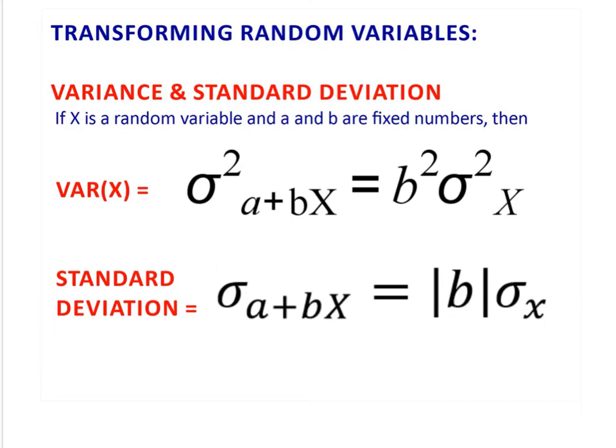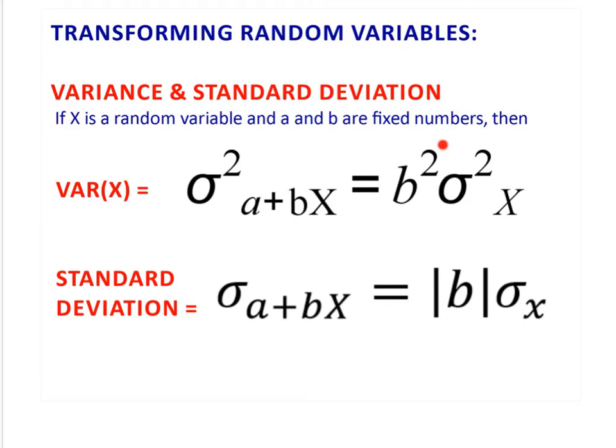Now the variance and standard deviation are a little bit different. The variance, we said, is the standard deviation squared. So if x is a random variable and A and B are fixed numbers, then my transformed variance is B squared times the variance. A has no impact on my variance, it's only B that does.